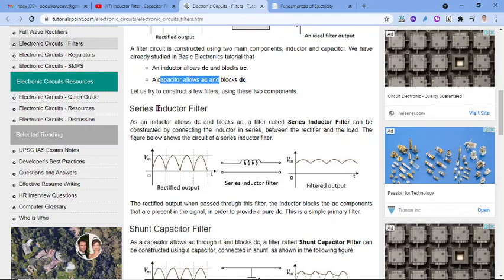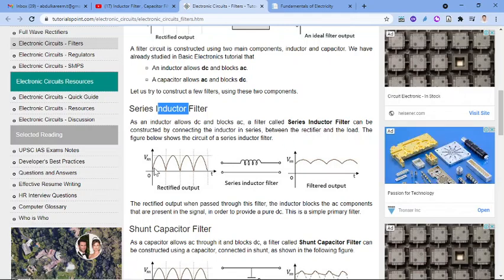A series inductor filter. As an inductor allows DC and blocks AC, a filter called series inductor filter can be constructed by connecting the inductor in series between the rectifier and the load. This figure shows the exact operation of the series inductor filter.